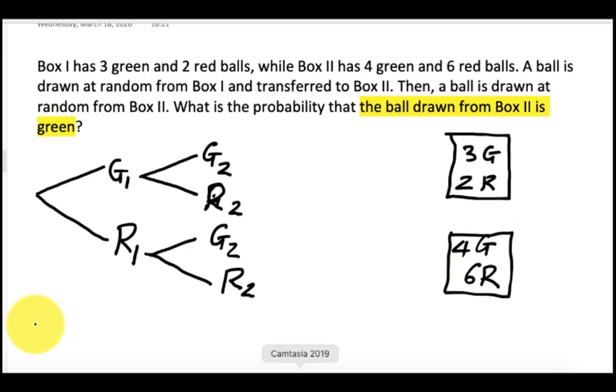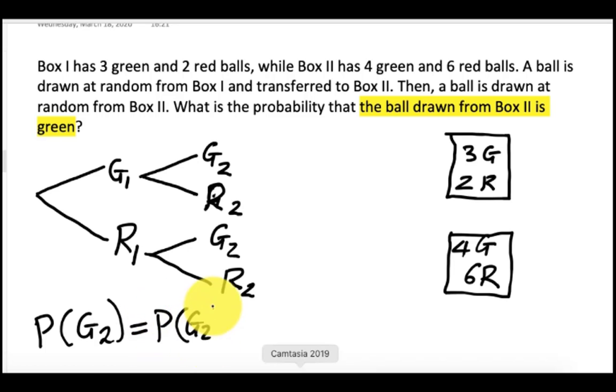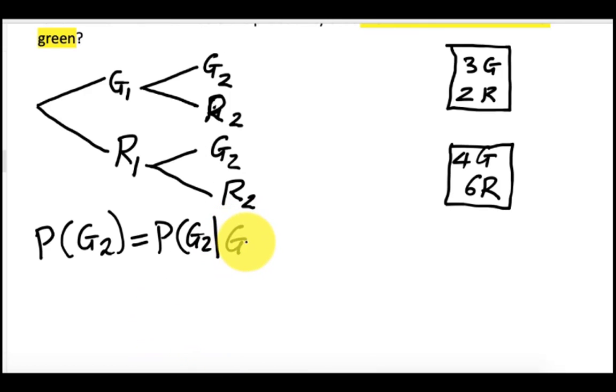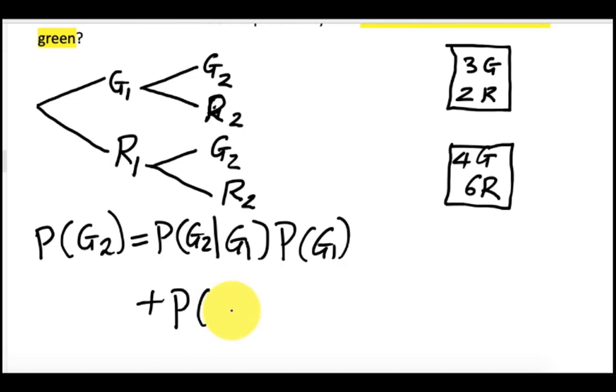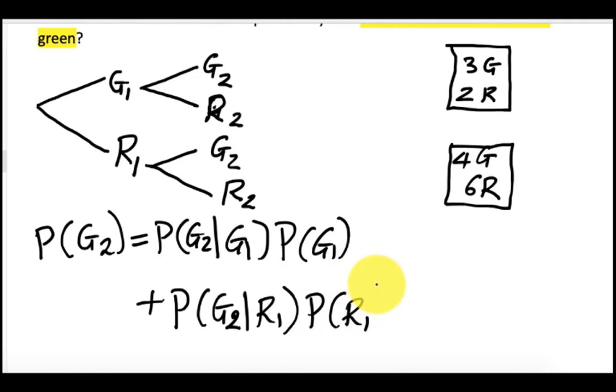Now, the probability of G2 should be the probability of G2 given G1 times the probability of G1 plus the probability of G2 given R1 times the probability of R1.